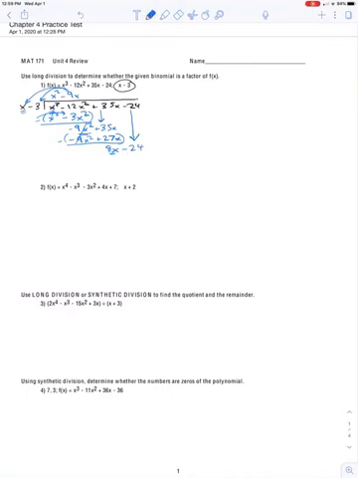All right, as we go ahead and divide again, we're looking at our first term in our divisor, x, and our first term in the dividend, now 8x. Well, x divides into 8x exactly 8 times. We know that 8 times x is the 8x that we're looking for. We know that 8 times negative 3 is negative 24.